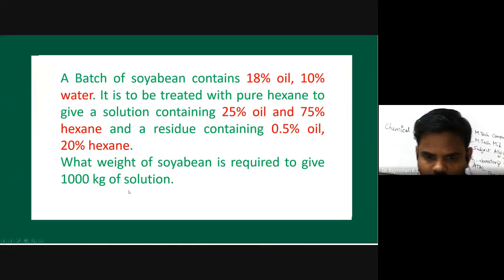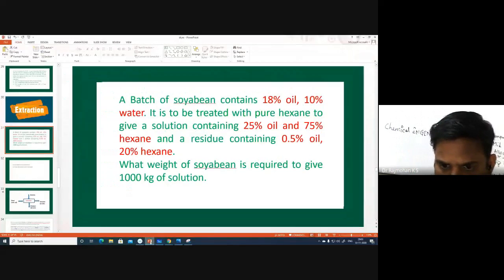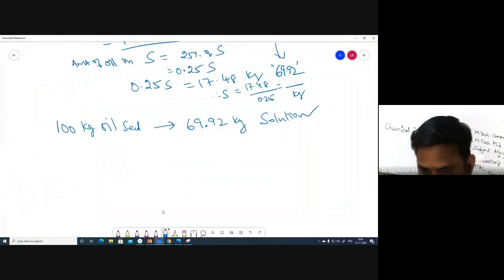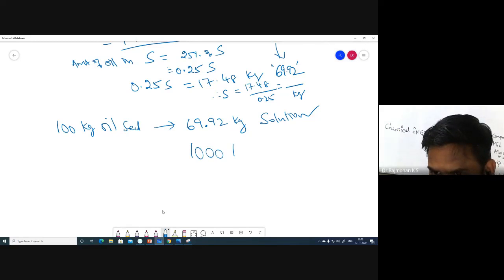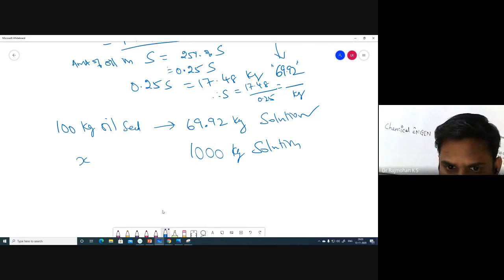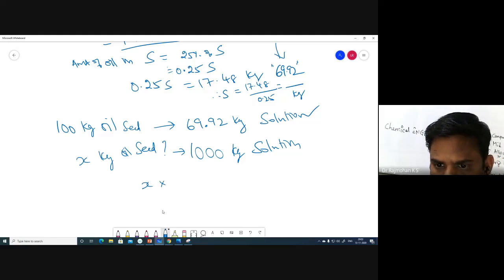Okay, so now it is only proportion. As I said, we have done the problem with respect to a basis of oil seeds. Now what we want is to obtain 1000 kg of solution. How much oil seed is required? So we have x into 69.92 equal to 1000 into 100.